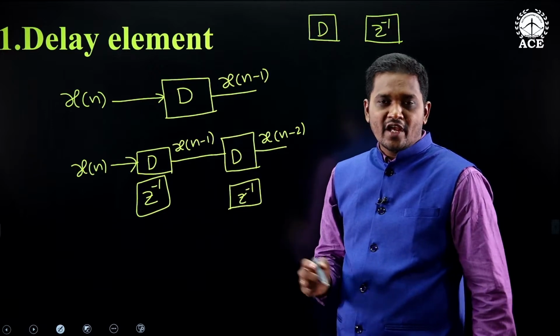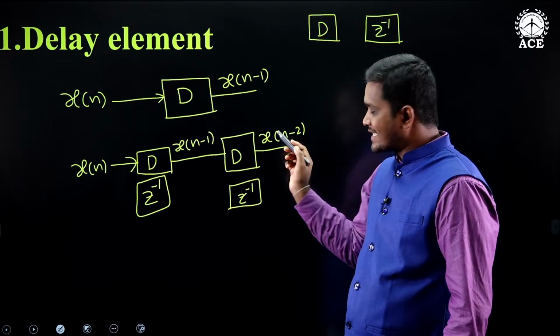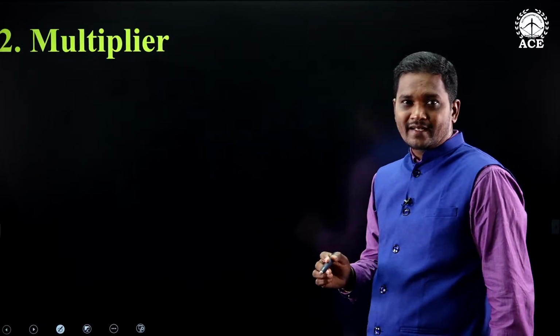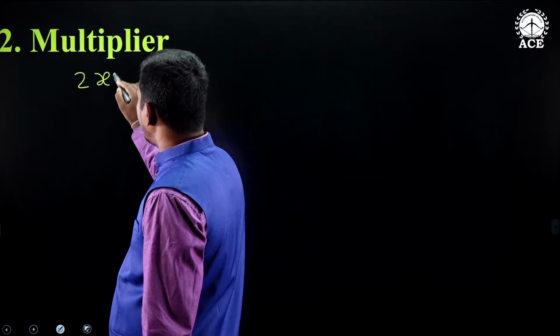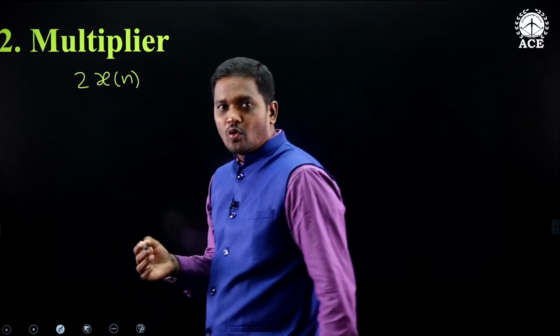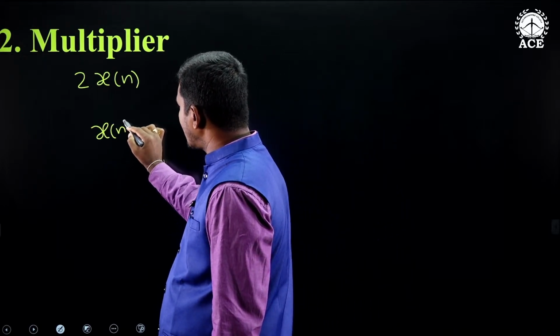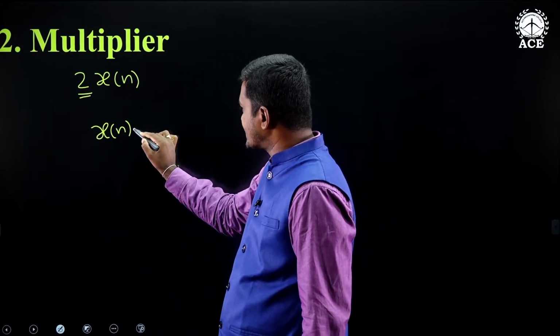Understood? Yes. If you want x of n minus 3, what do you need to do? You need to cascade 3 delay elements, okay? Next, multiplier. Suppose you want 2 into x of n. How to get 2 into x of n? Only x of n is available. See, x of n, what is the multiplier here? 2 is the multiplier. How to get this multiplier is very simple.